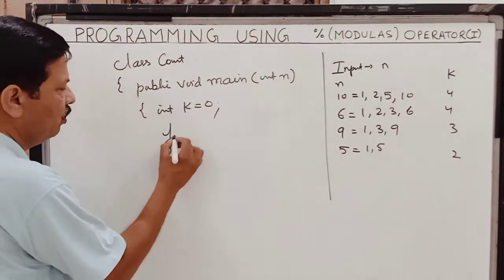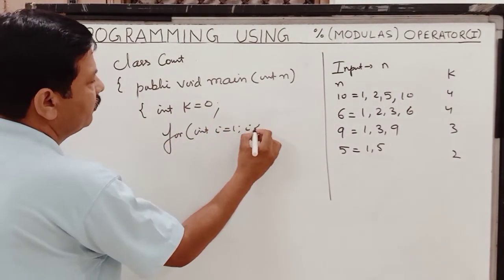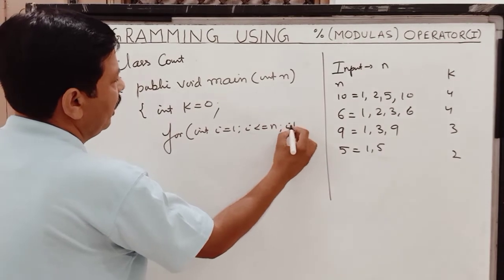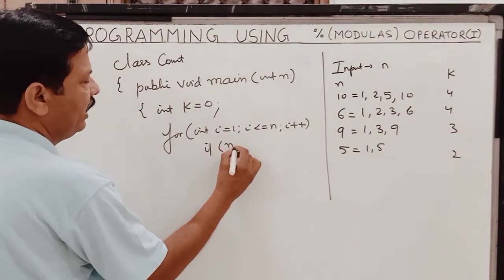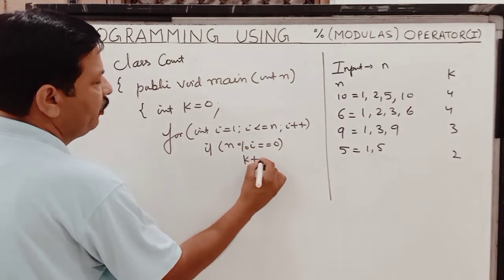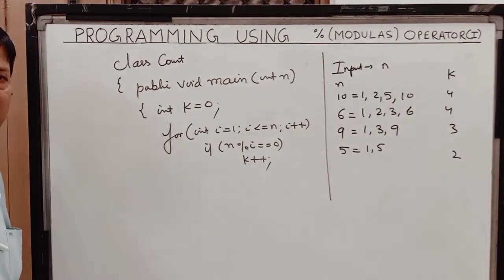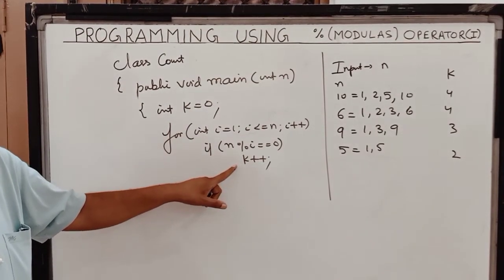I am again going to find out my divisors or factors by the same method. I run a loop from 1 to that number and I check a condition. If n modulus i is equal to 0, in place of printing it I say k plus plus. So I am counting it. In place of printing my number, I am counting my number.